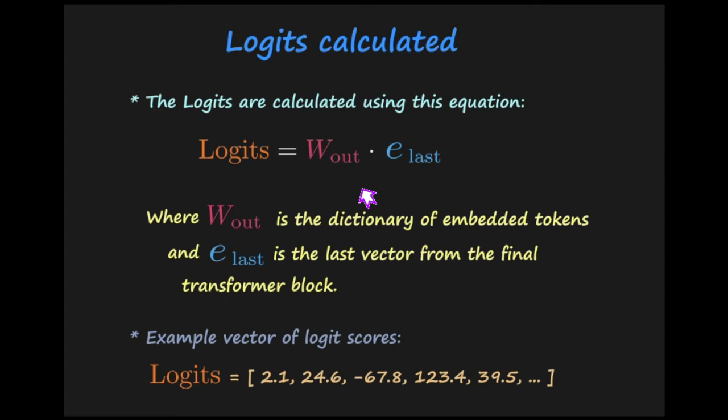We get the last word predicted. We take that last word and dot it with every single word in the dictionary, as I mentioned. That gets you the set of all the logits, and it would look something like this. The vector would have, if the dictionary had 50,000 words, 50,000 score values.